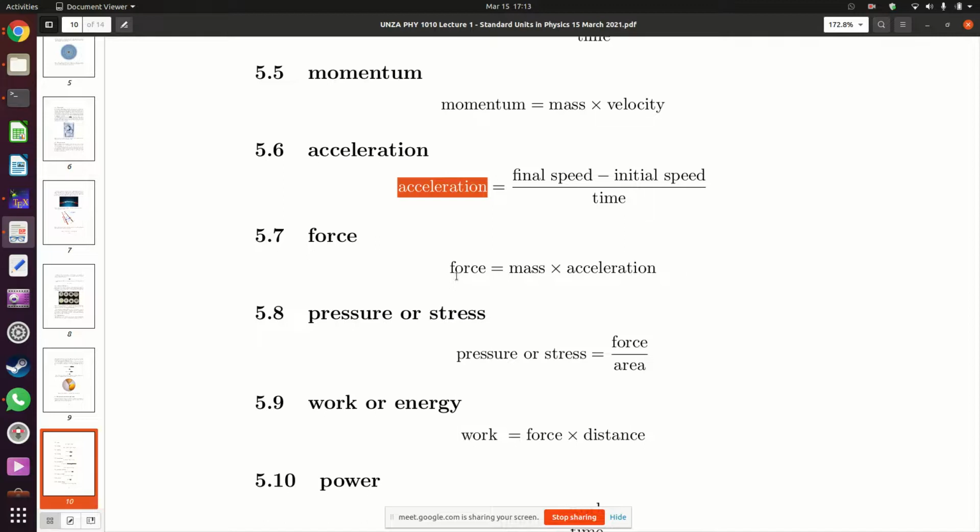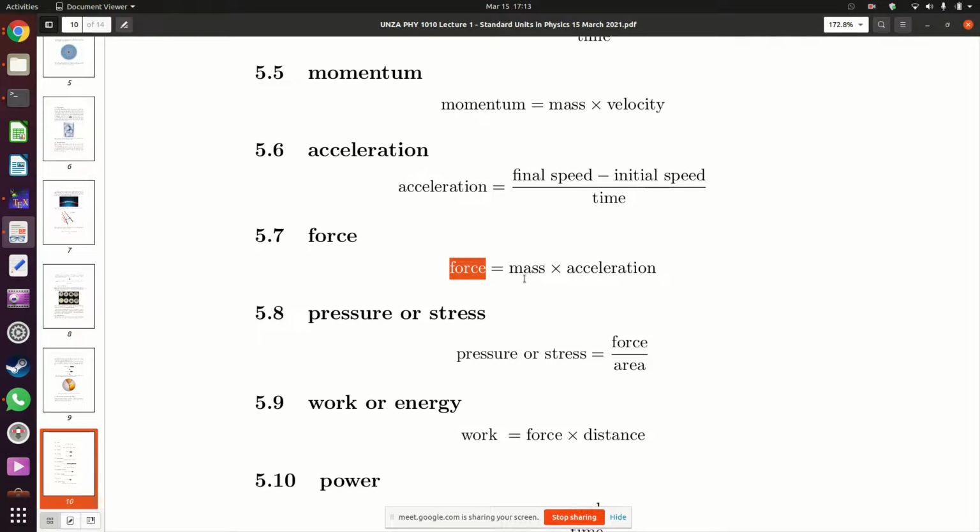So if an object undergoes an acceleration, which is a change in speed in a certain amount of time, that acceleration multiplied by the mass of that object gives you the force which is causing that acceleration. So force is equal to the mass of that particular object multiplied by the acceleration. That's how we define force.